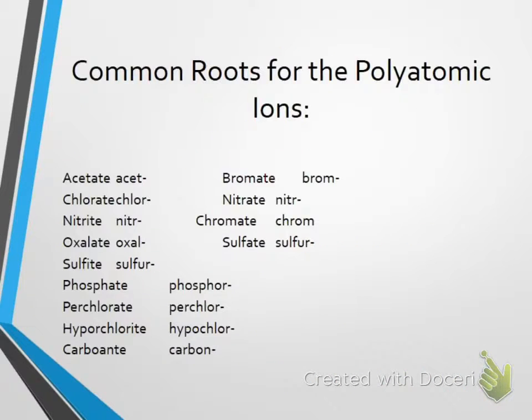All right, so let's look at some of the common roots, which I don't think are in your notes, so you can always refer back to this. Most of them are pretty self-explanatory. If you've got one of the halogens, it's just like it was when we were naming compounds. The two that you have to be careful of are the sulfates and the phosphates.